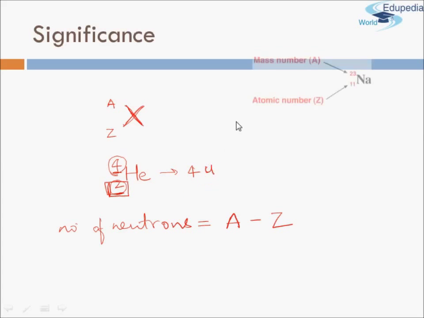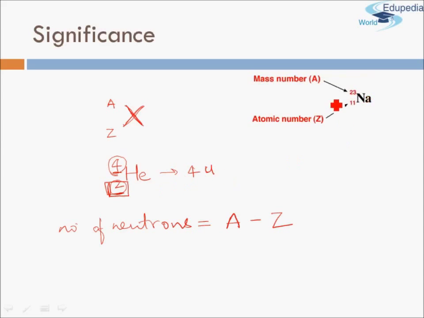Similarly, if you have sodium, the atomic mass of sodium in our calculations is 23 u. In mass number we have only protons and neutrons, in atomic number we have only protons.